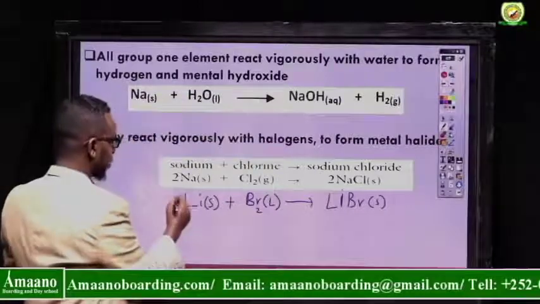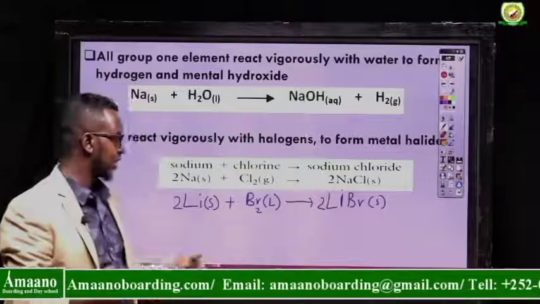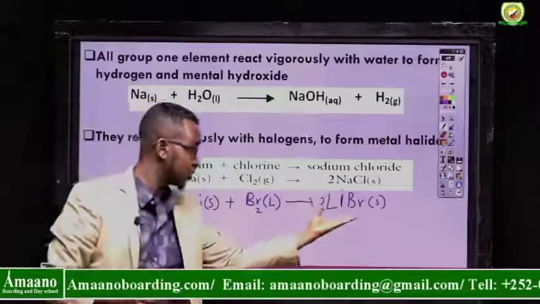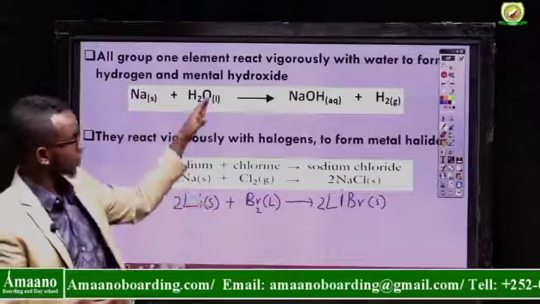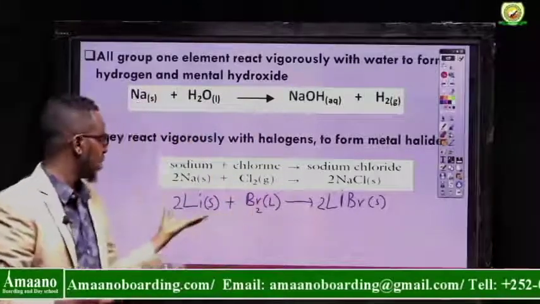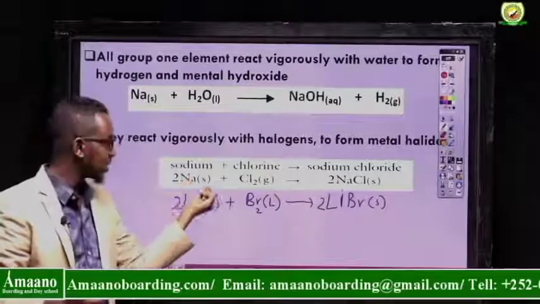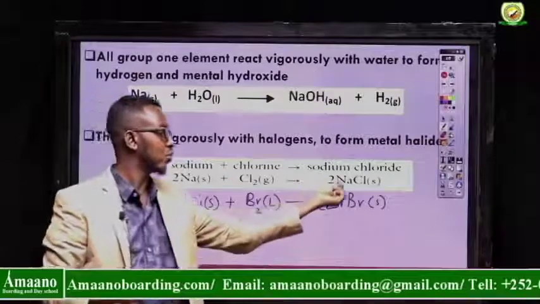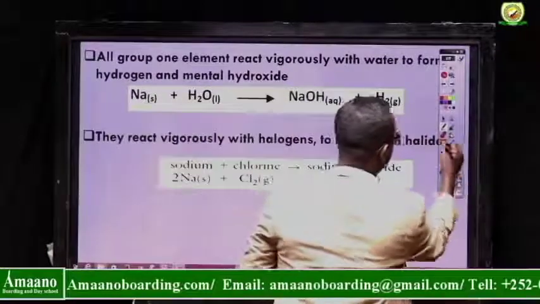For you to balance, you can put here 2 and you can put here 2. So it's balanced. So same principle, they behave in a similar way. They react with water in a similar way. They react with halogens in a similar way. So when metals, particularly group 1 metals, react with halogens, they produce what we call halides or metal halides.